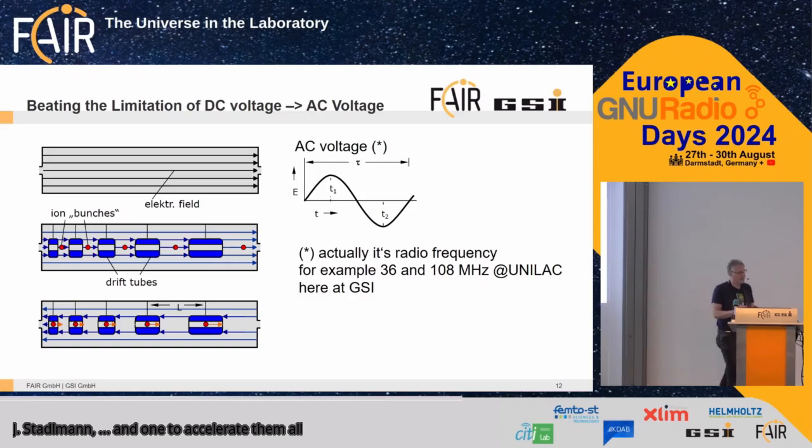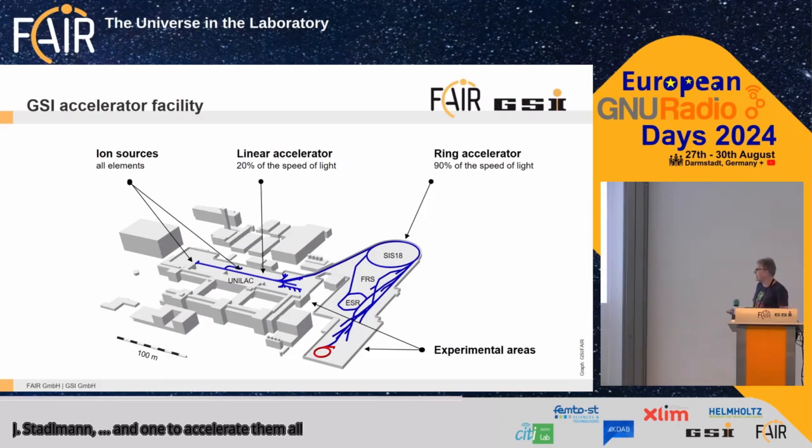So this is something you can do for, we call it, low or medium energies. In the case of our accelerator, which is right over there in the next building, so we are here, and it's over there, 130 meters long, just the opposite building, you can get to something like 20% of the speed of light.